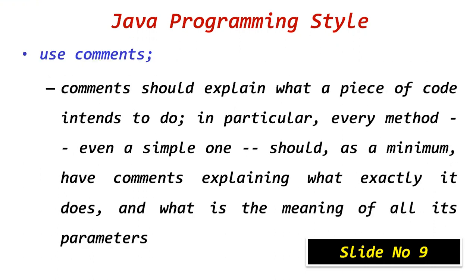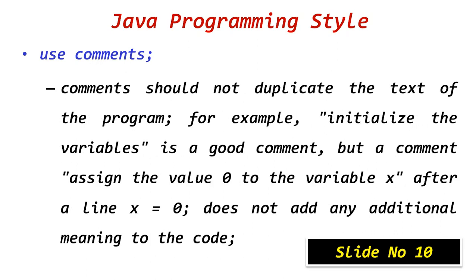Comments are basically important to understand the program. A comment should explain what a piece of code intends to do. In particular, every method, even a simple one, should as a minimum have comments explaining what exactly it does and what is the meaning of all its parameters. Comments should not duplicate the text of the program.